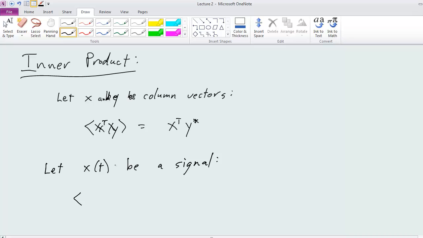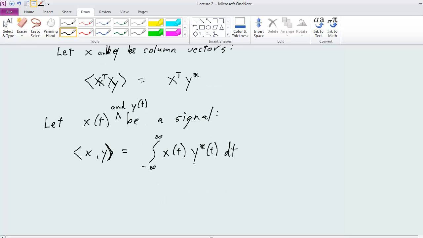So x inner product with y, when these are functions, is going to be the integral of x of t times y conjugate of t dt. And so it's a very similar notion. Multiply at each common point and then integrate it up.